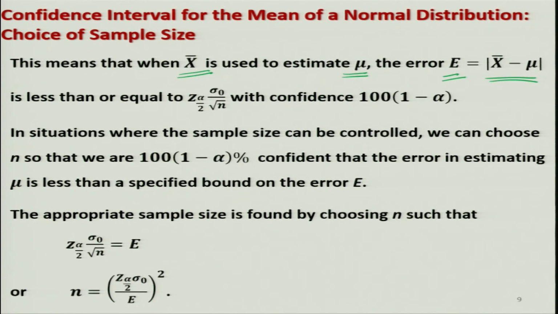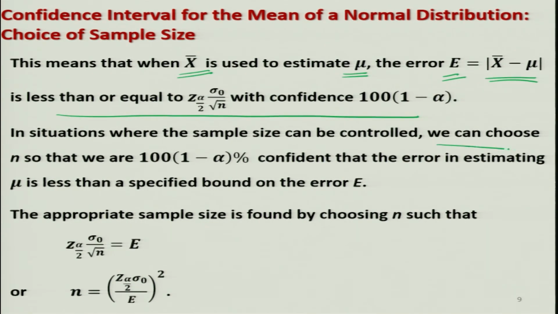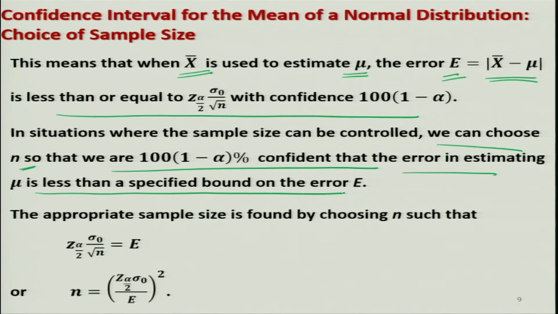So, we can impose a condition that this error is less than or equal to z alpha by 2 sigma 0 divided by root n with confidence 100(1 minus alpha)%. In this type of situation the sample size can be controlled, so that we can choose the sample size such that we are 100(1 minus alpha)% confident that the error in estimating the parameter mu is less than a specified bound on the error E, that is, you are sure that you are not making the error more than this.